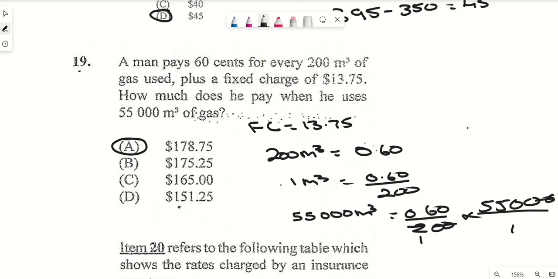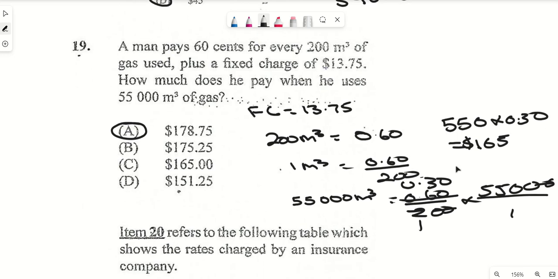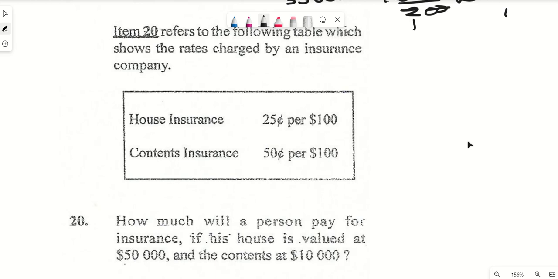You say 2 into 2, 1, 2 into 0.6 is 0.30, so you get 550 multiplied by 0.30. When you multiply this out, you are going to get 165. Right, you can check it to make sure, but it's 165, and then remember we have this fixed charge. So it's 165 plus 13.75, which is $178.75.